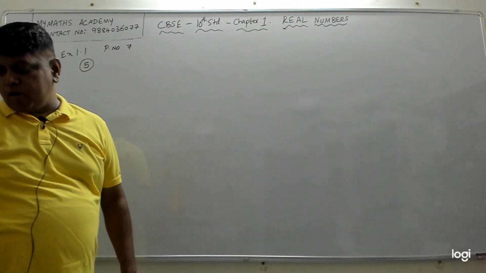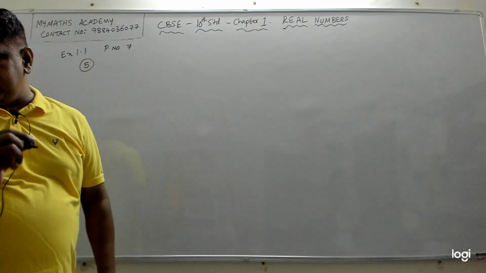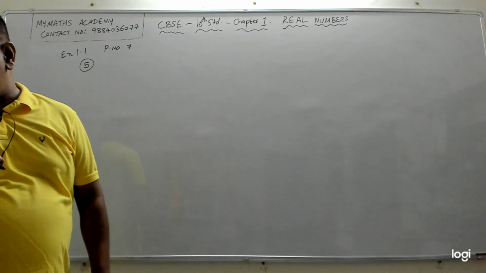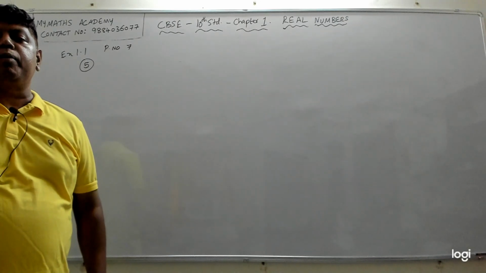So what the fifth problem says is, I'm reading the question. Use Euclid's division lemma to show that the cube of any positive integer is of the form 9m plus 1 or 9m plus 8.